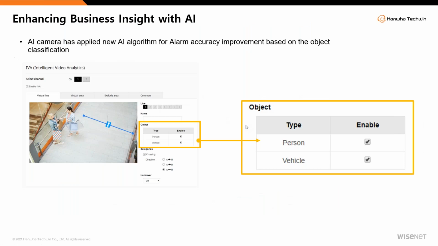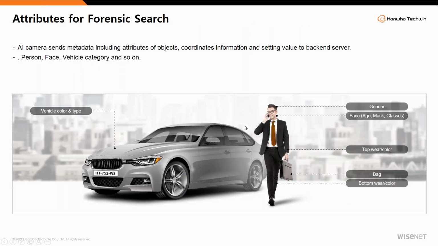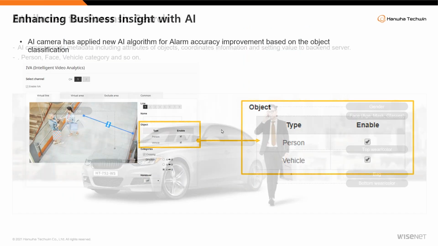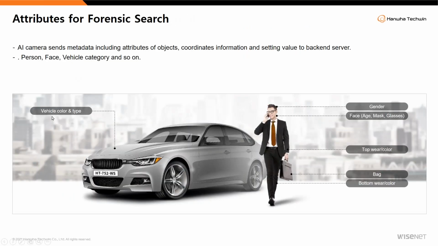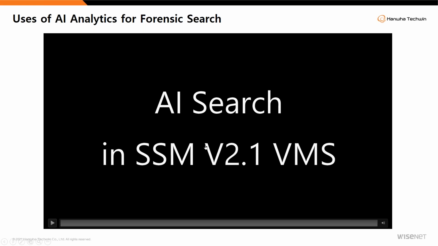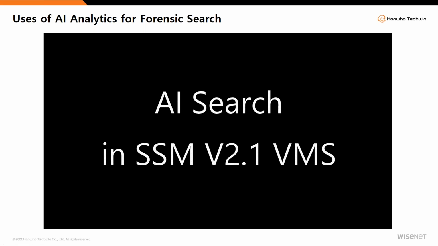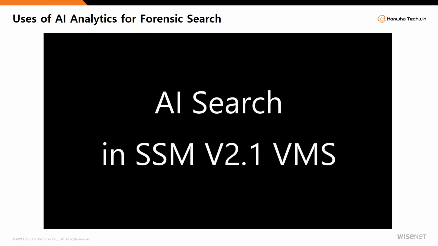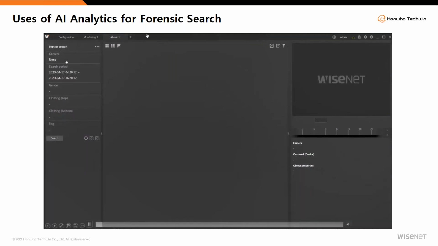Not only that, you can also train the camera to find out the color and type of car, whether it is a bus, a truck, or a motorbike. We can train the camera however you want, and you can use it for your own benefit. Here, our cameras can figure out the person's shirt color, pant color, age group, vehicle color, and vehicle type. So you can make rules accordingly.